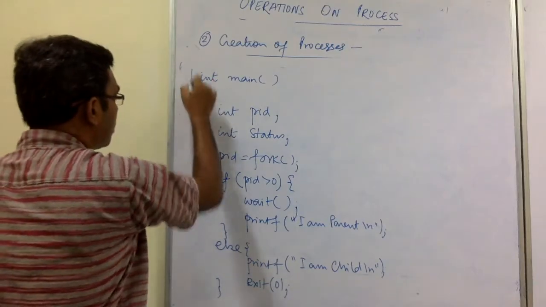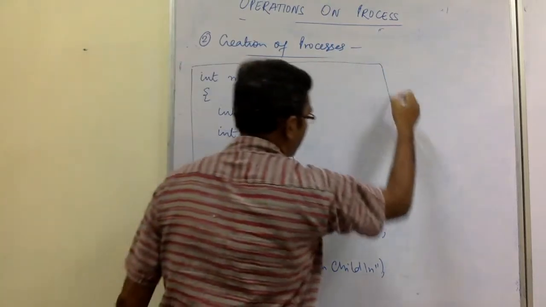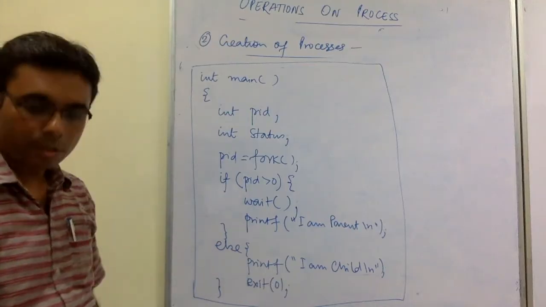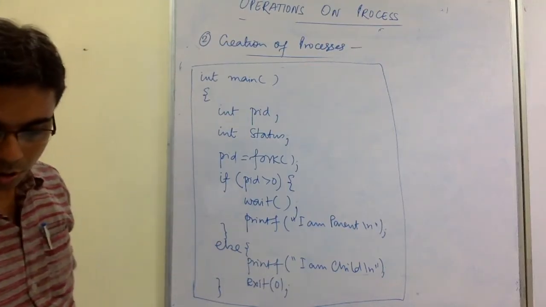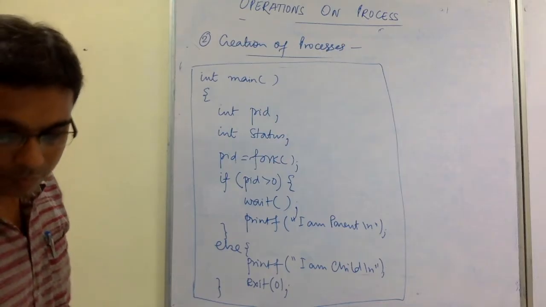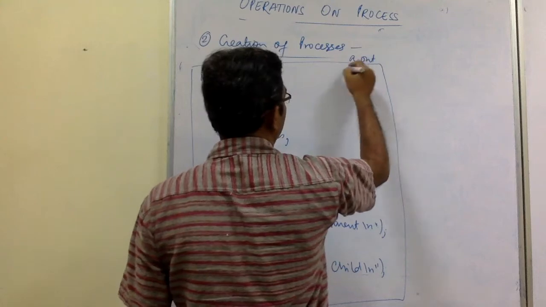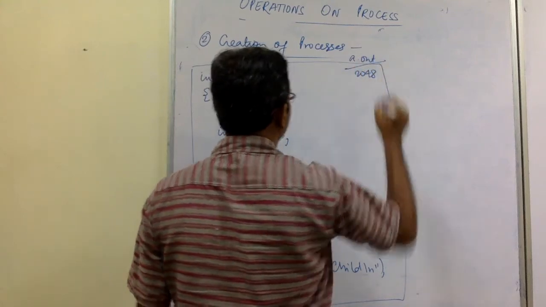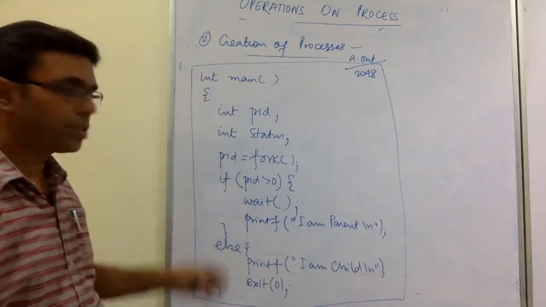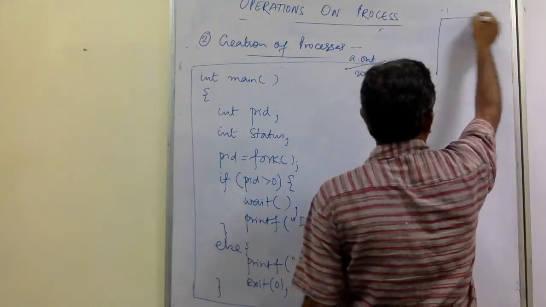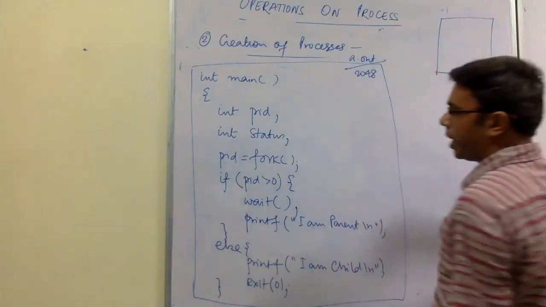So let's see what happens here. This is a process, say a.out, with process ID 2048, and this process starts execution. What do we have here?